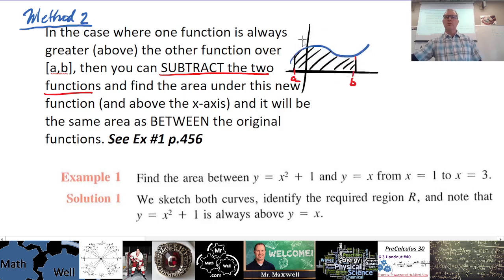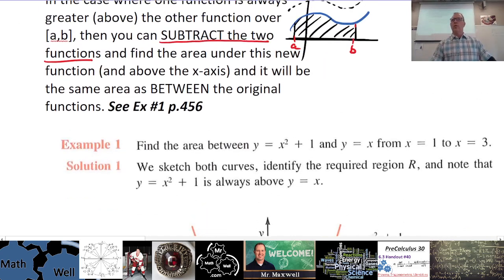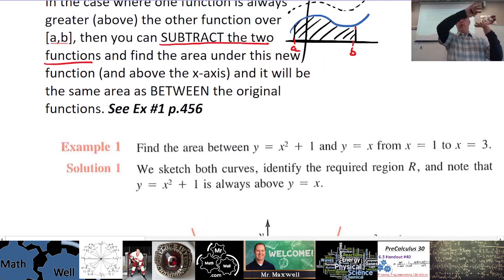Look at that. You see this blue function that was up here has now been subtracted by this constant. And look at what we have. The area under the new function, because here's the old one. There's the old one. I just subtracted the two. So that's the same area. So if it works for horizontal lines, it will work for curves that are not horizontal.